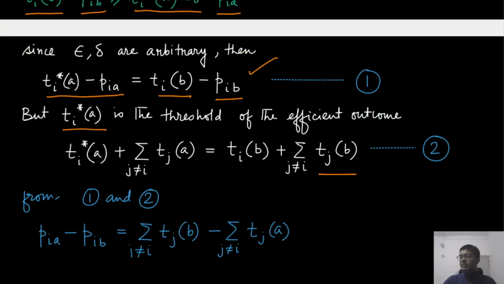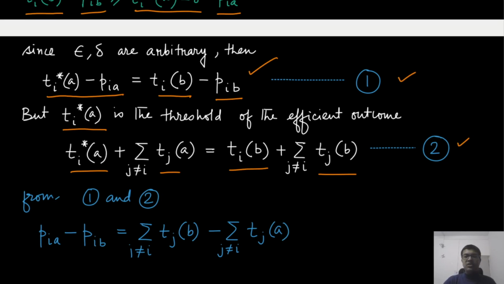For all the players except agent I, nothing is changing, so their types are TJs. So Ti star of A is the value of type Ti at A, and the type of player I at B is given by Ti of B. So both 1 and 2 should hold.